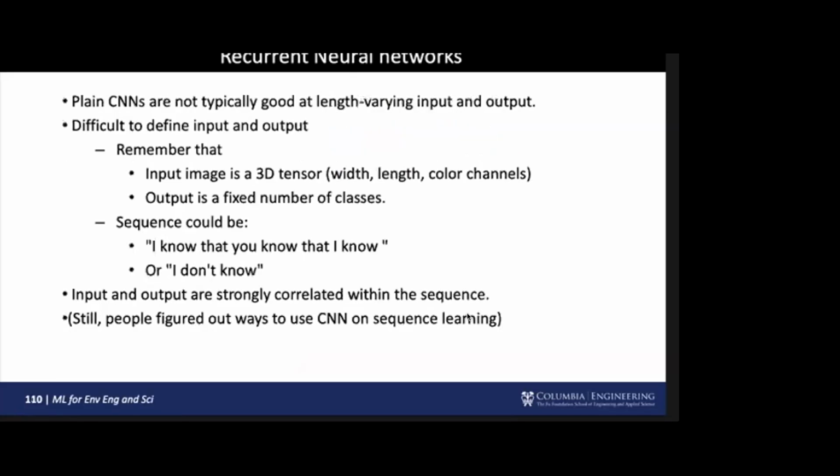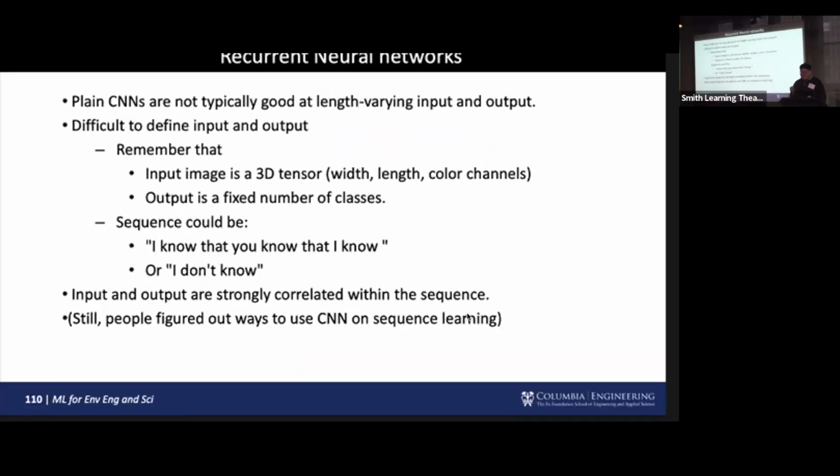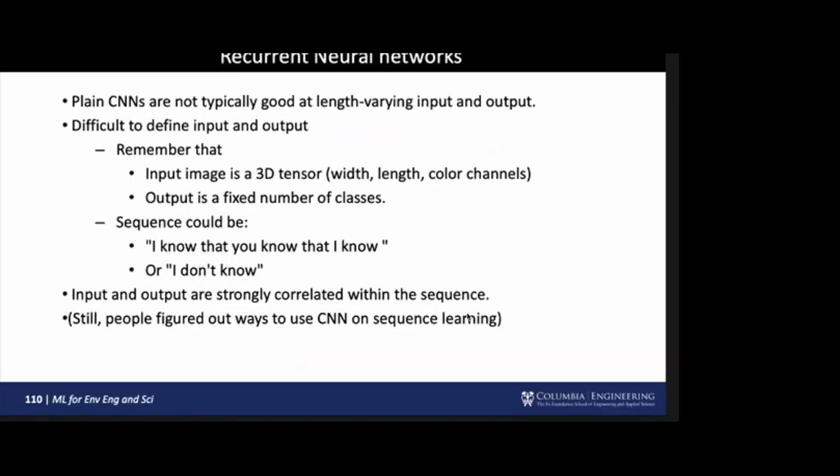Standard CNNs aren't great in this case. When the input or output changes in length, it's hard to define them, because with a CNN you already expect fixed 3D tensors, as we mentioned before. We have an image and a filter, and the filter is of a fixed shape.